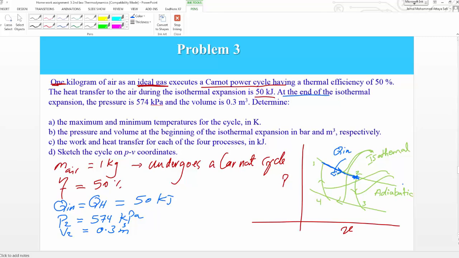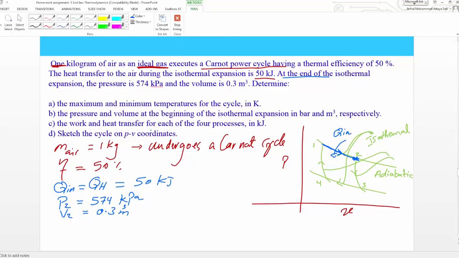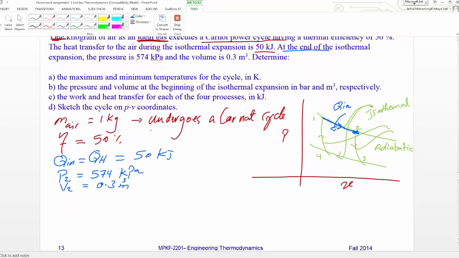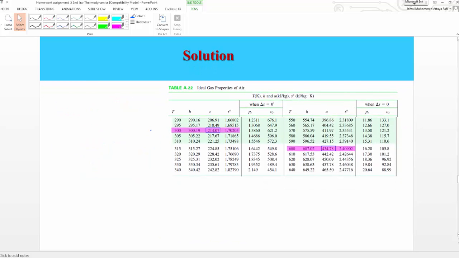We already have it on PV here. So as you can see, you have some information, and then your understanding of the Carnot cycle, together with information that you know, should lead you to solve A, B, C, D. So let's start with this.